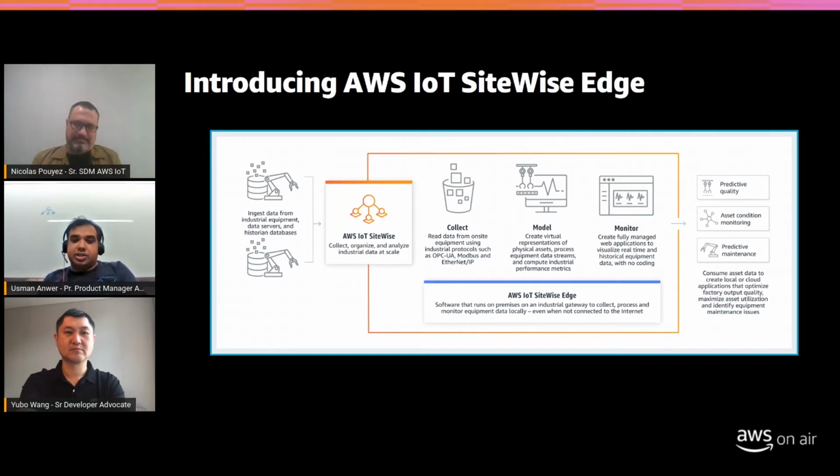Now, SiteWise Edge allows you to do all of this at the edge on premises. So what you can do is you can collect the data using the SiteWise gateway locally. You can use the asset models that you have defined in the cloud locally to label the data and to compute transforms and metrics from the data.